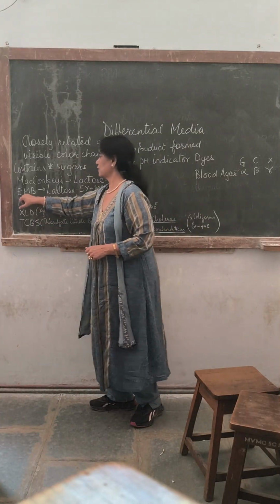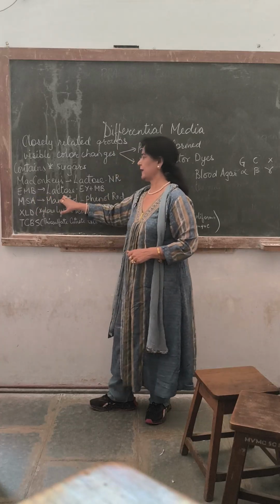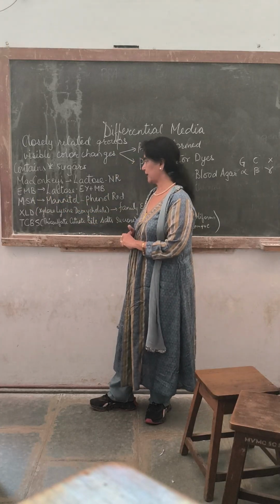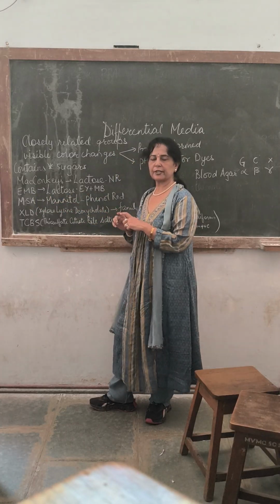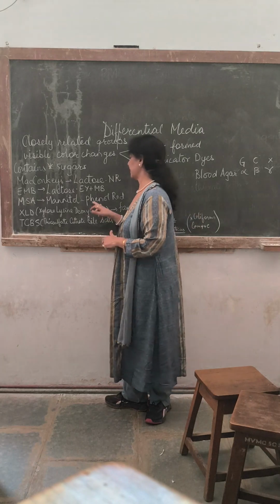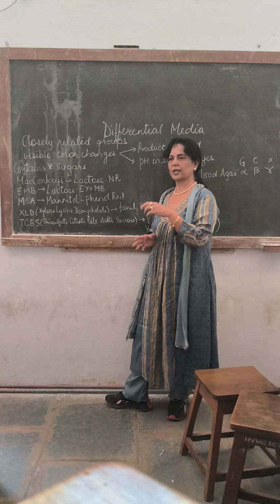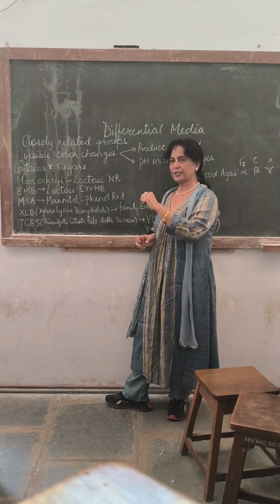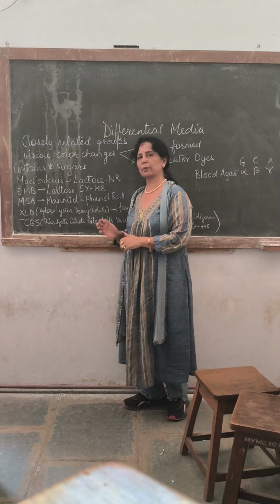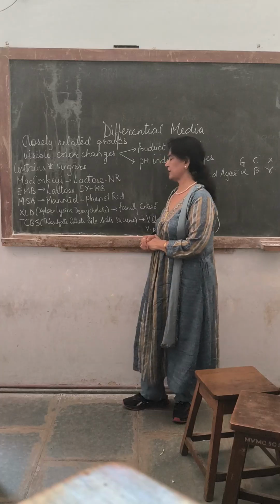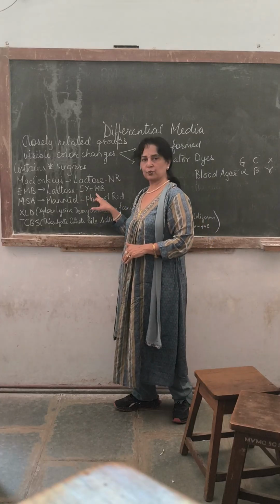In case of eosin methylene blue agar, we again have lactose in the media composition, and we have two different dyes in the combination, that is eosin yellow and methylene blue. Here we are going to differentiate between Escherichia coli and Enterobacter aerogenes, and that will be possible with the help of these two dyes.